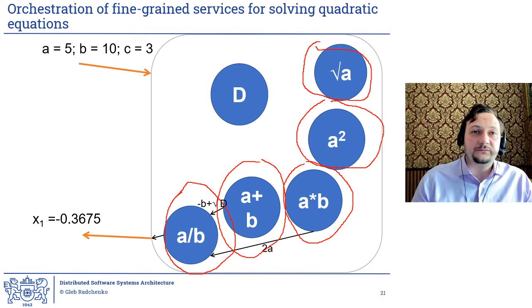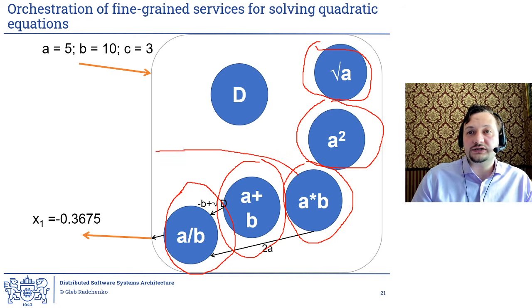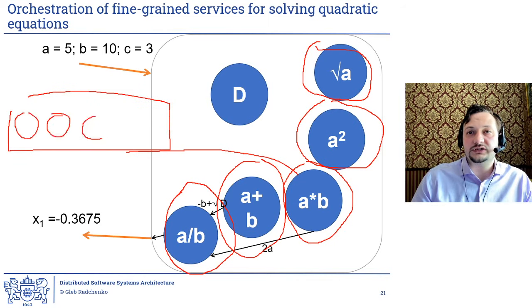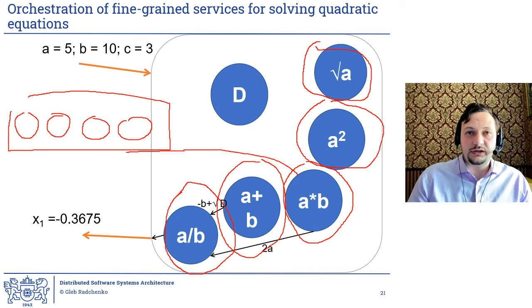They can be hosted on independent software systems. And if we figured out that the multiplication service is much more needed than, for example, the division service, then we can have not one instance of this service, but a set of multiplication services that would distribute the load when we need to solve a big amount of quadratic equations.